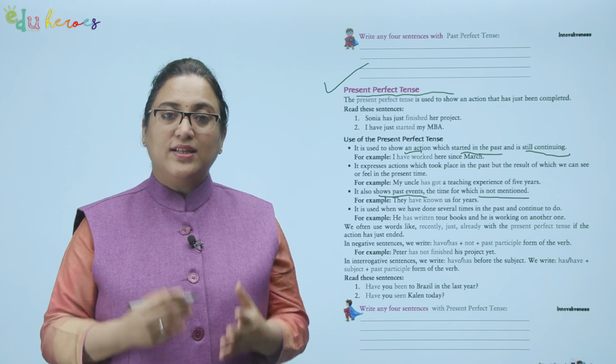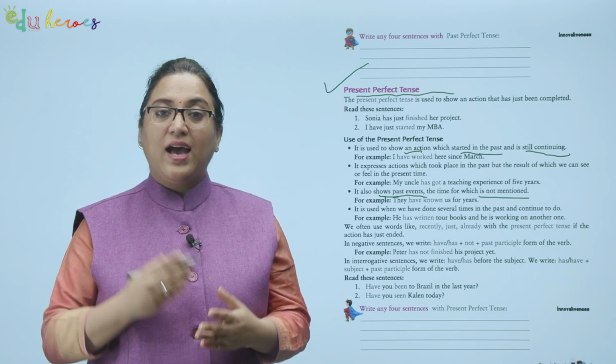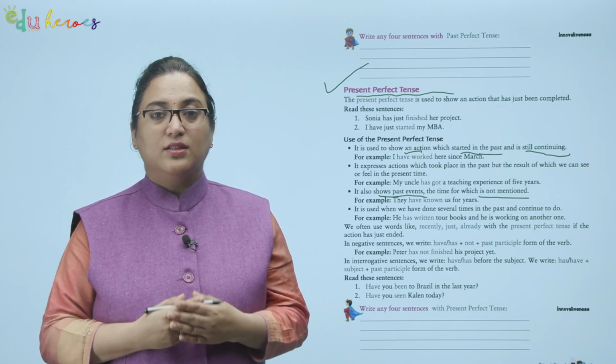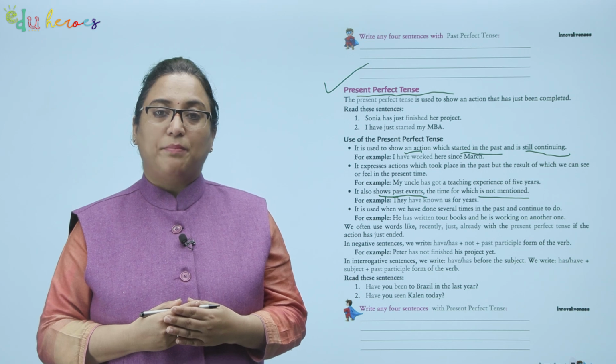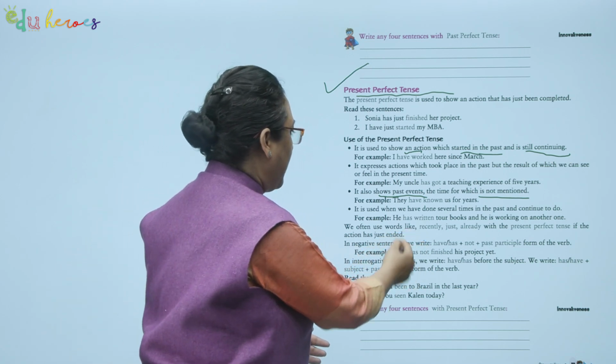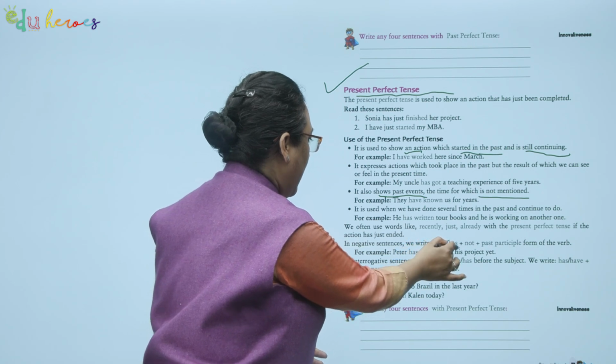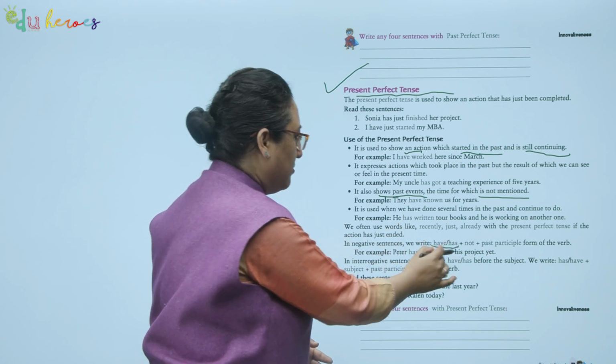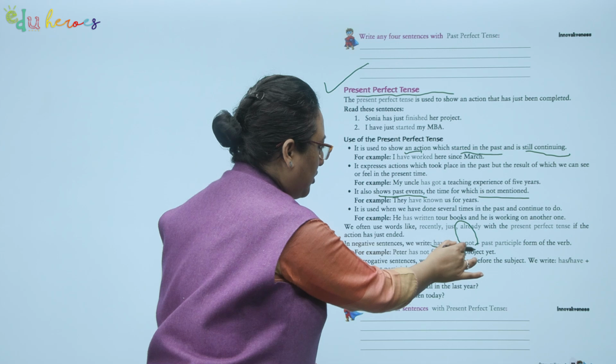But in negative sentences we write has, have plus not plus past participle. So this is very typical of the present perfect tense that we use has, have, and not had, but we will surely insert not.